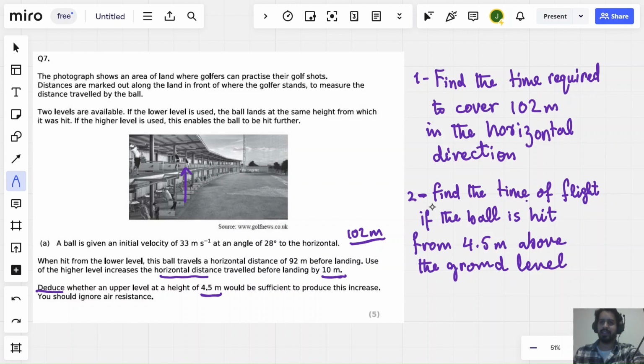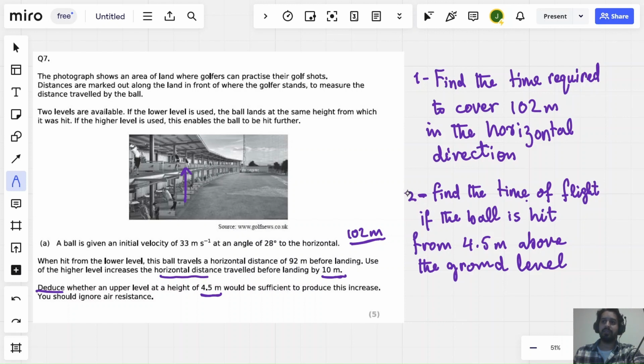In other words, we want to find the time that the ball will remain in air if it is hit from the second level, which is 4.5 meters above the ground level. Now, if the time we find in step 2 is at least equal to or greater than the time we found in step 1, then we can say that the height of 4.5 meters for the second level is enough to get an extra 10 meters in the horizontal direction.